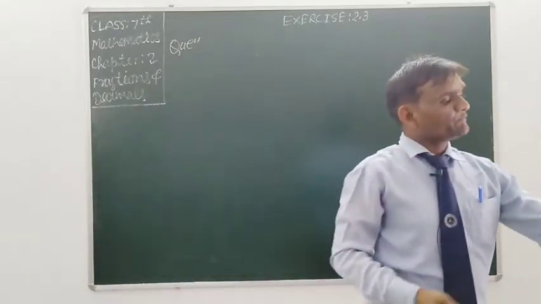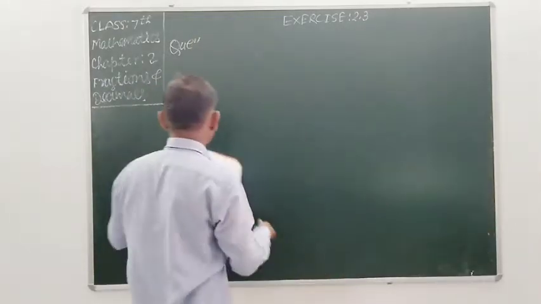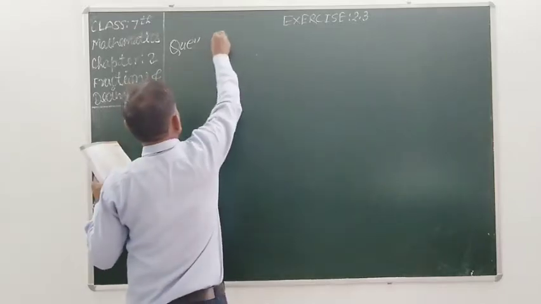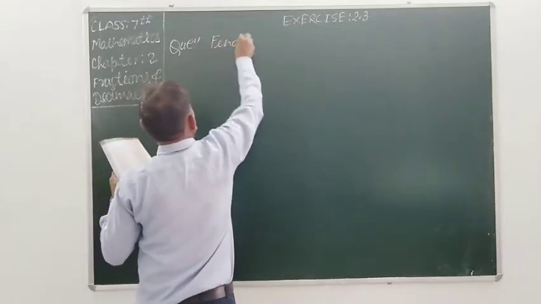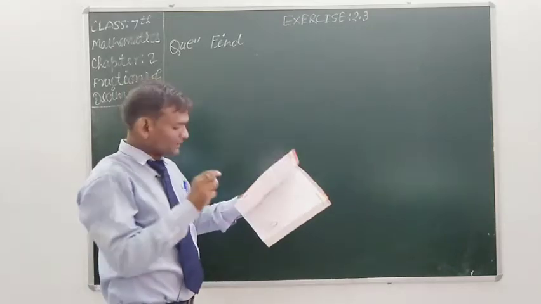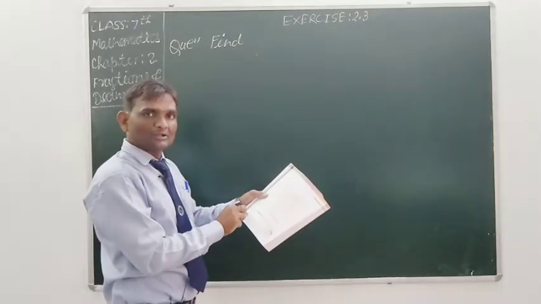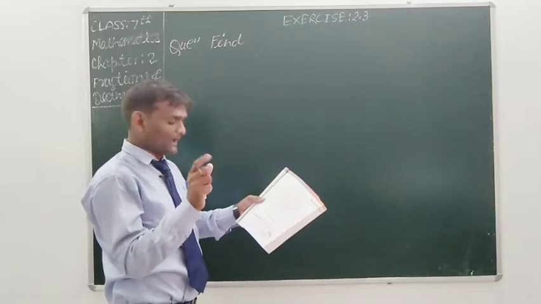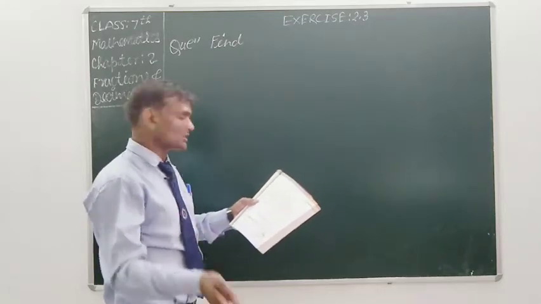So, question number first is saying, student, find. There are two parts given, student. In this question, I will solve only the first part and the second part you will solve yourself.